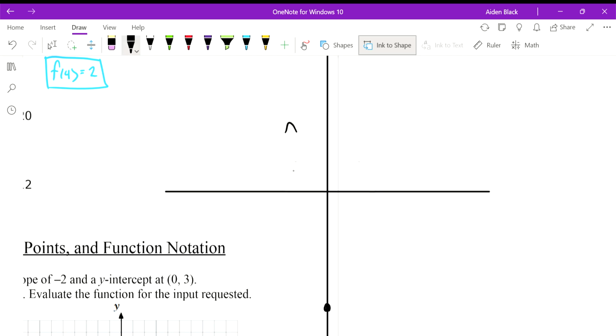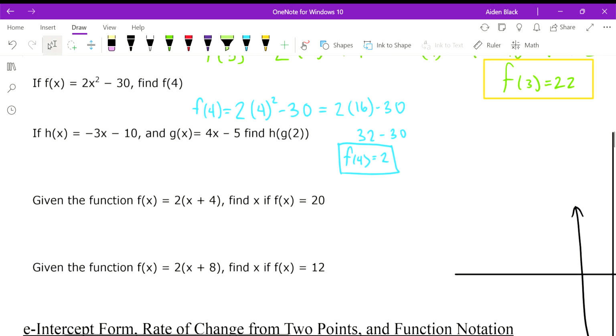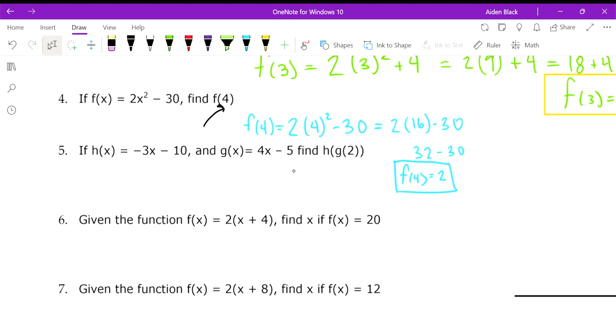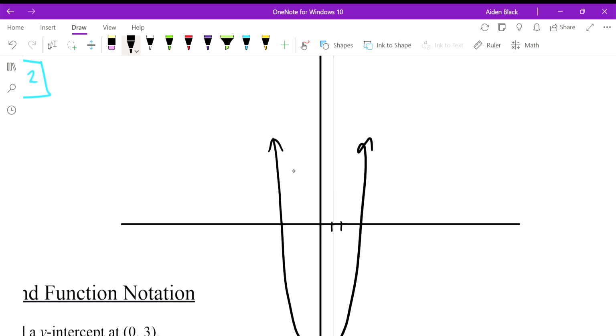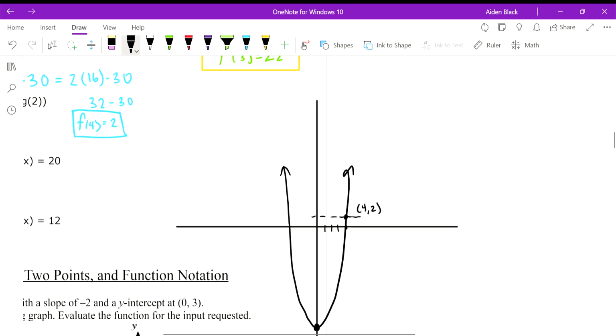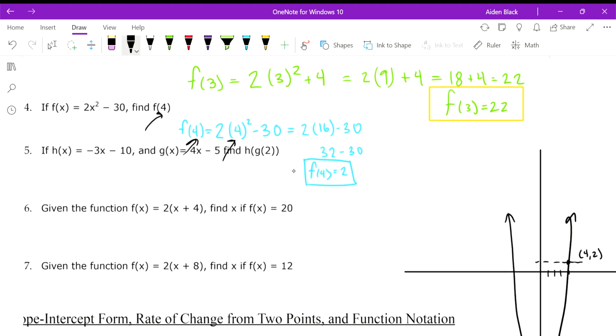And what you're seeing is what's your y value when you plug in 4 for x. So when you actually go to 4, 1, 2, 3, 4, you see that your y value is positive 2, because the point (4, 2) is the solution for that function. When you plug in 4, boom, you get 2 as your output.